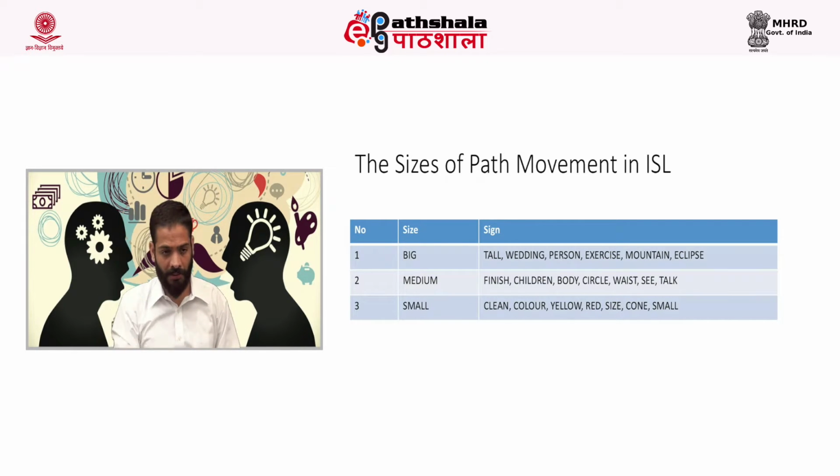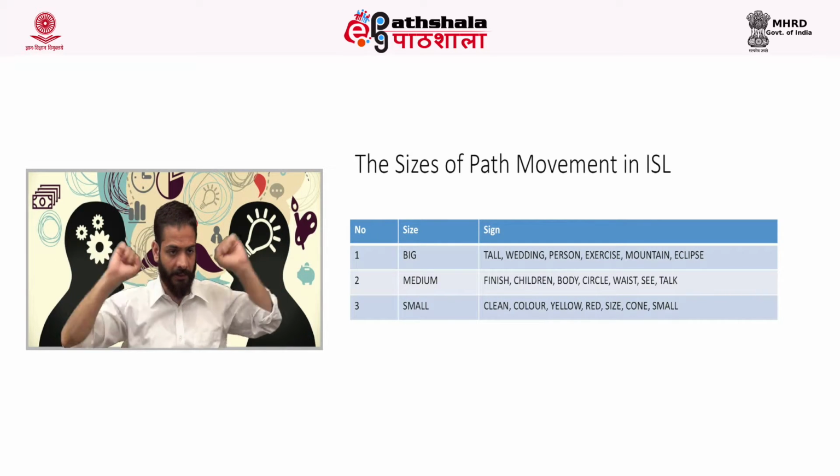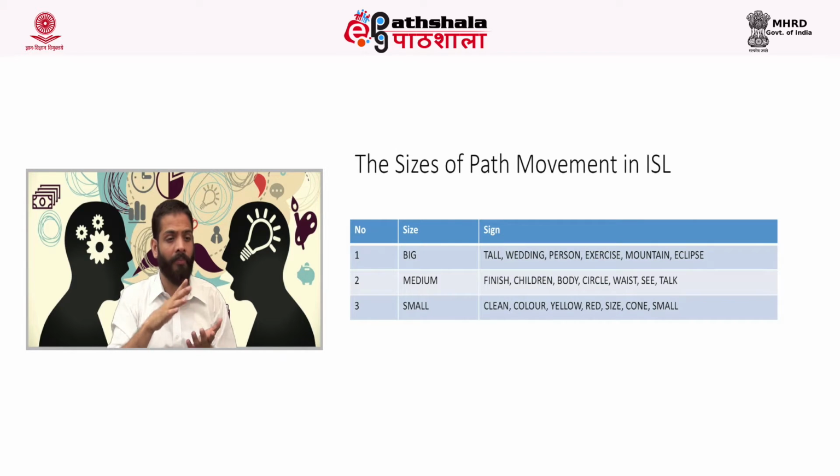In big, we have tall, wedding, person, exercise, mountain. In terms of medium, it is finish, children, body, circle. In terms of small, it would be clean, color, yellow, etc.